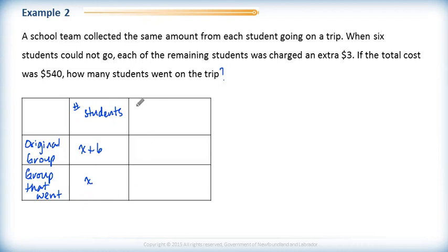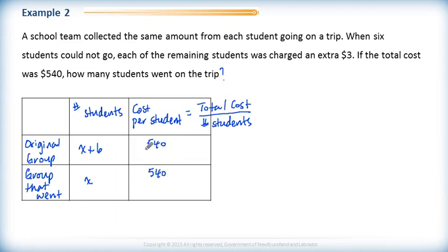Now, we need the cost per student. That is equal to the total cost divided by the number of students. The total cost in this problem was $540 for the trip.